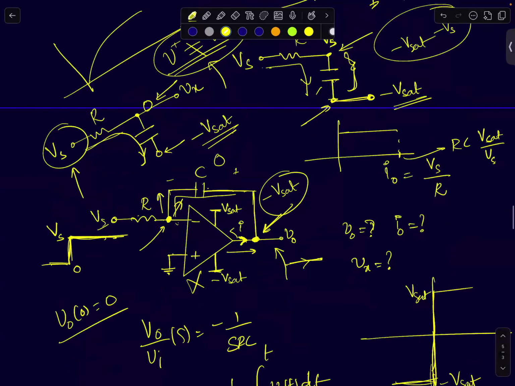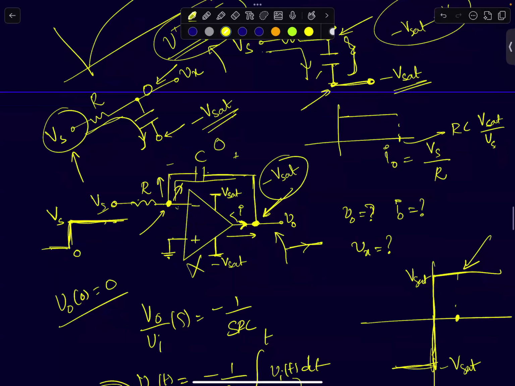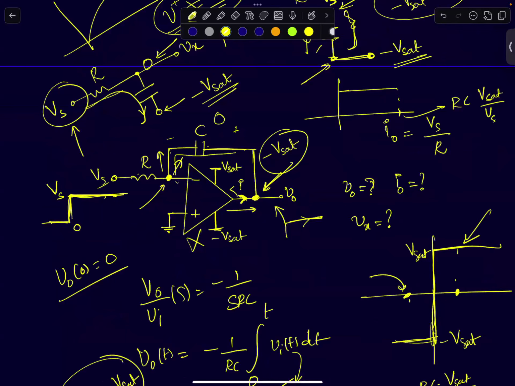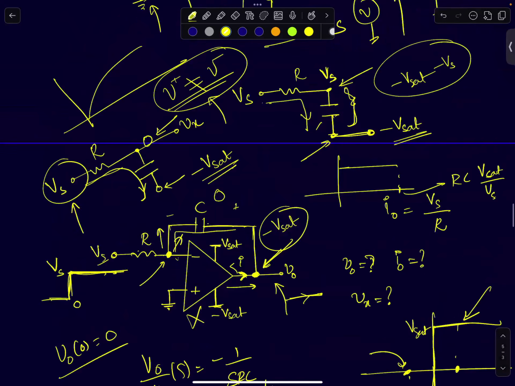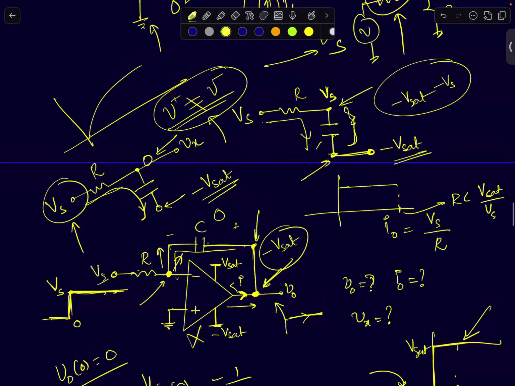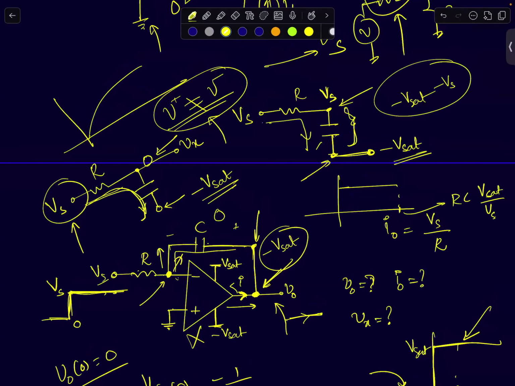The differential voltage across the opamp is negative. So the opamp's output is forcing this node voltage to stay at minus Vsat. And the resistor will keep on supplying current until this node voltage goes to Vs. That's it.